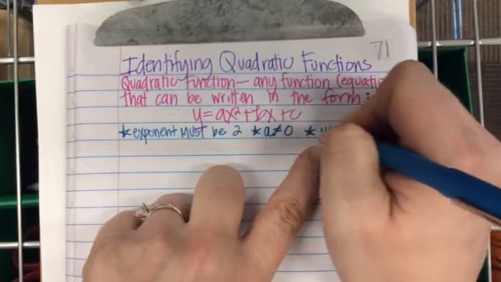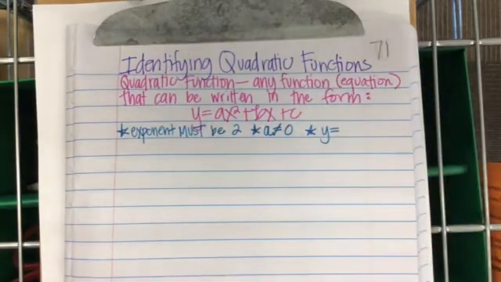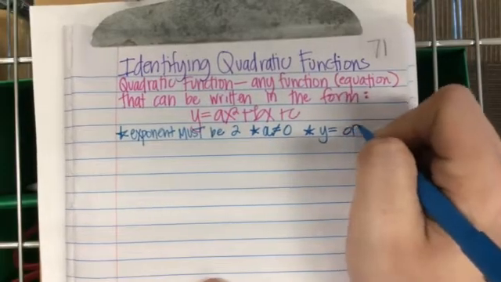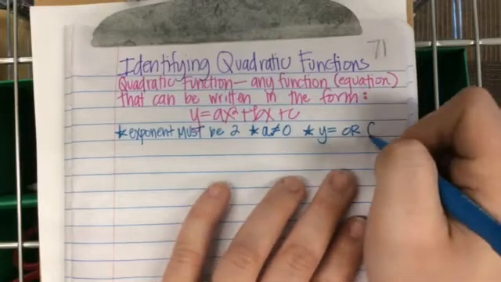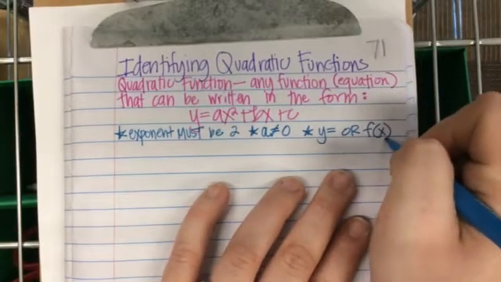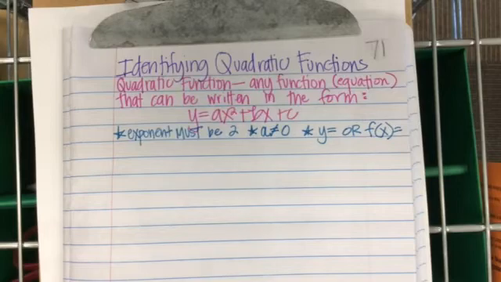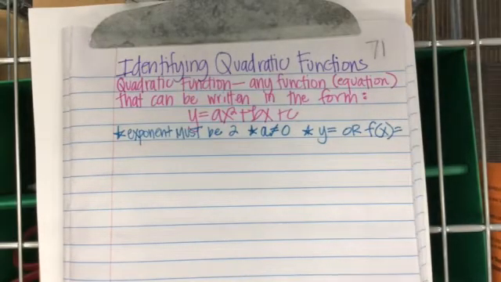And it must have y equals. Or if it's written in function form, do you remember what we put instead of y equals in function notation? F of x. Or g of x, or h of x, one of those.